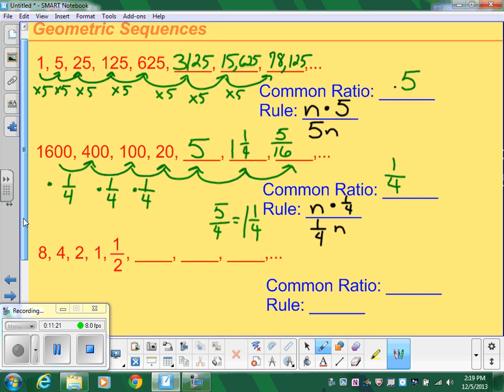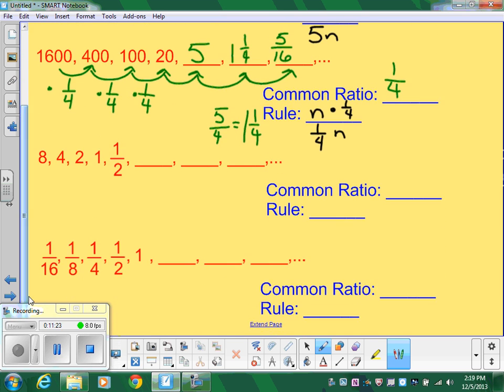Let's take a look at this third example. By now you should be able to figure out that instead of using division, we are multiplying. So instead of dividing by 2 each time, we're multiplying by its reciprocal of 1/2.